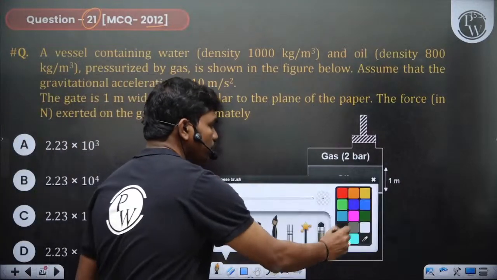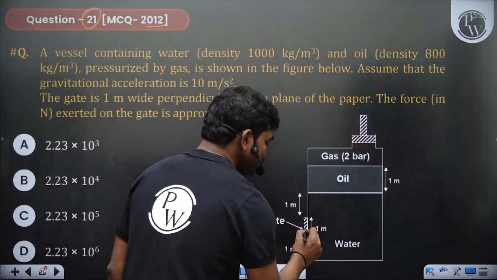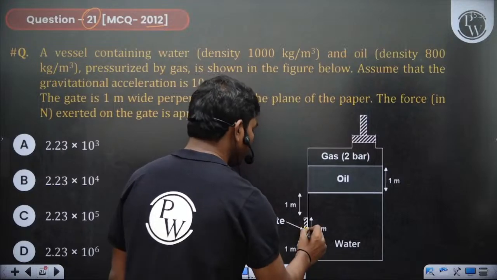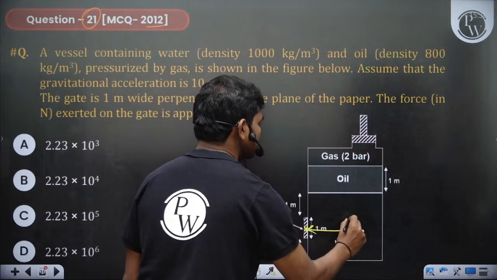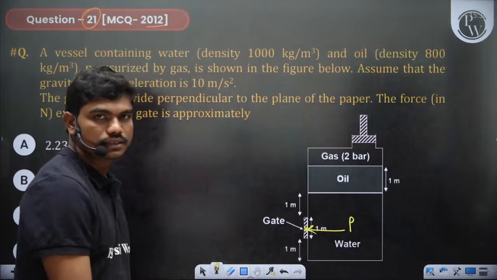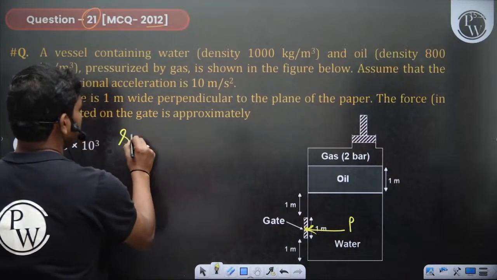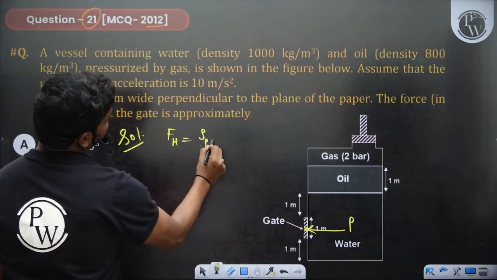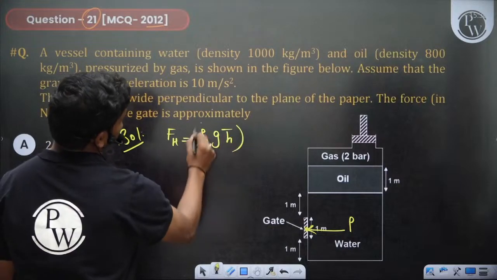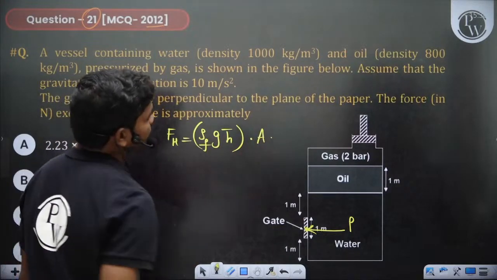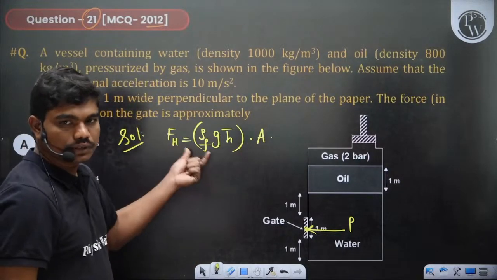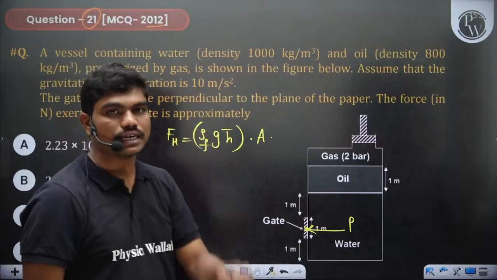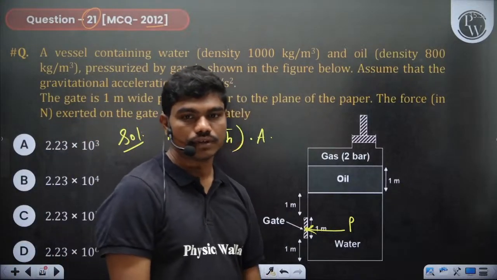To calculate the force exerted on the gate, you should identify the pressure acting at this point. Normally, the hydrostatic force acting on a plane surface is rho g h bar times A, and this gives you the gauge pressure at the centroid location.